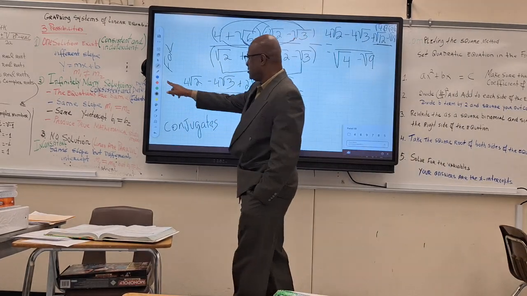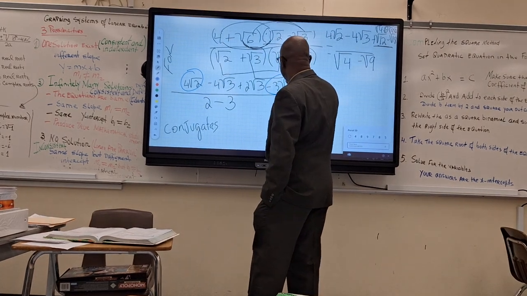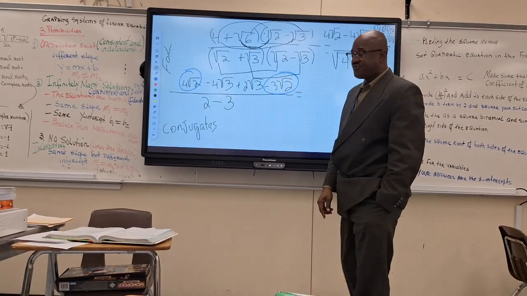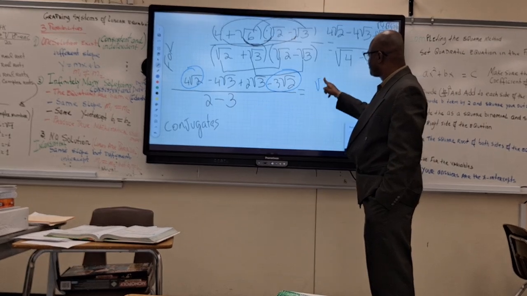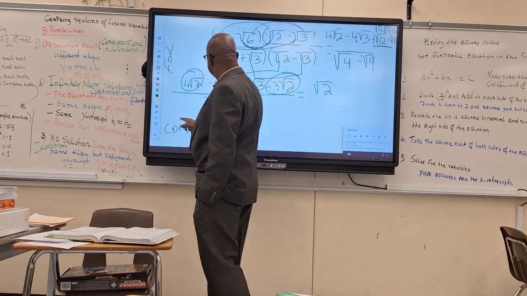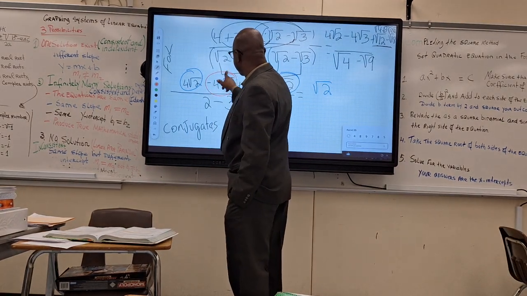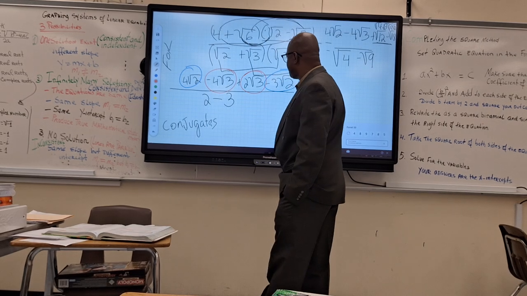That will be 4 root of 2 combined with negative 3 root of 2, which will give you root of 2. Right? You have minus 4 root of 3 and 2 root of 3.